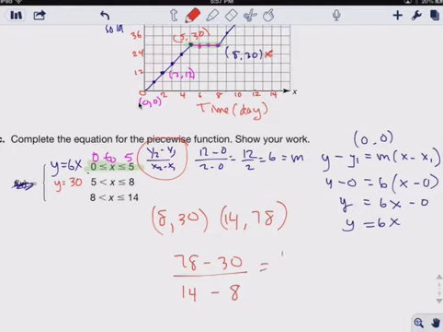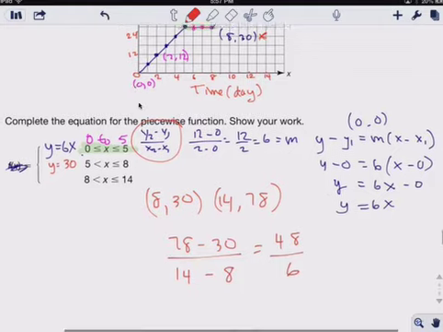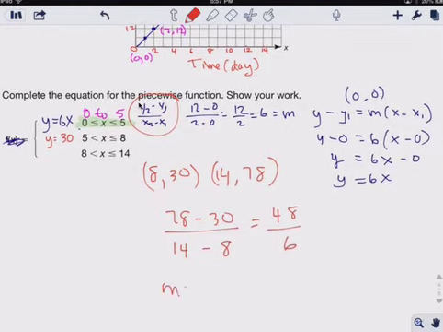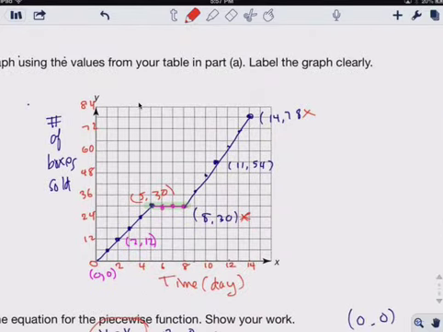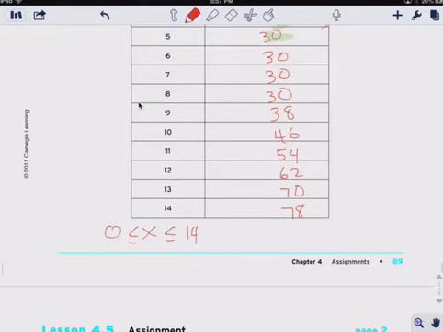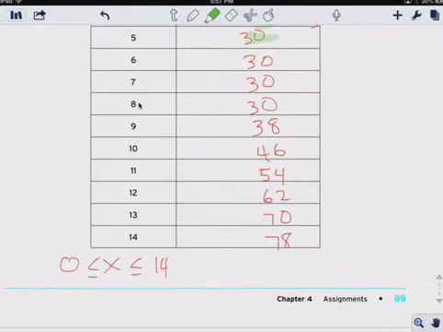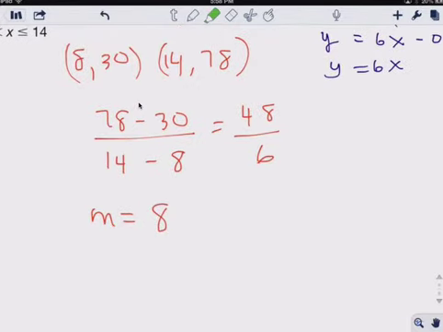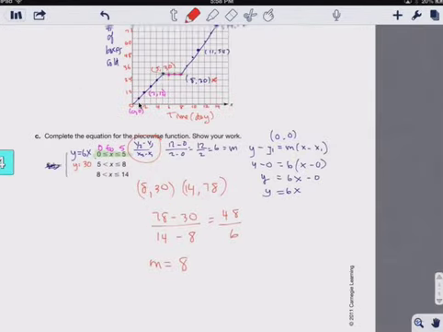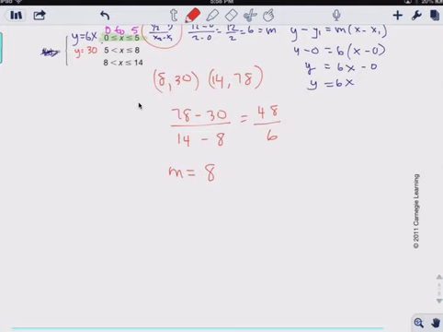Okay, that gives me 48 over 6, or my slope is 8. Guess what? This increased 1, this increased 8. 8 over 1. What a concept. But you can find slope using the 2 points if you need to.